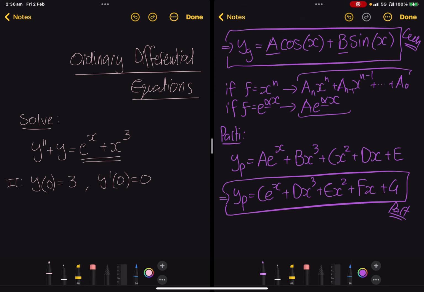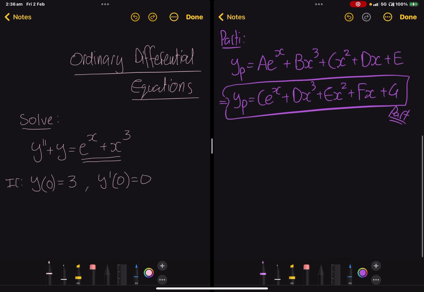Now, when we get a particular solution, we can find values for these coefficients straight away by taking the first and second derivative of the particular function, plugging them into the function we have over here, and then mapping the coefficients to one another, using what's called coefficient comparison. So let's take the first derivative.